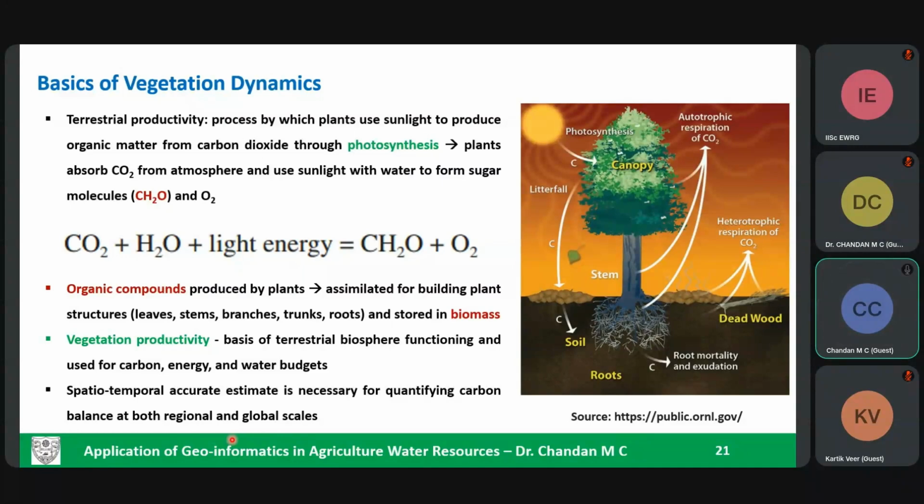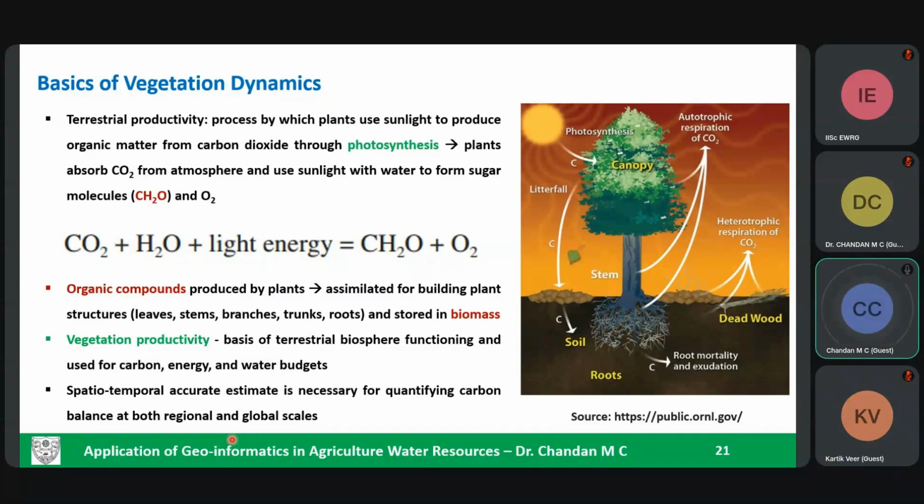This organic part of the compound is used by the plant itself for building the various components like leaves, stem, branches, which is also called biomass. Whereas the majority of the carbon dioxide is consumed for this productivity and oxygen is being let out.